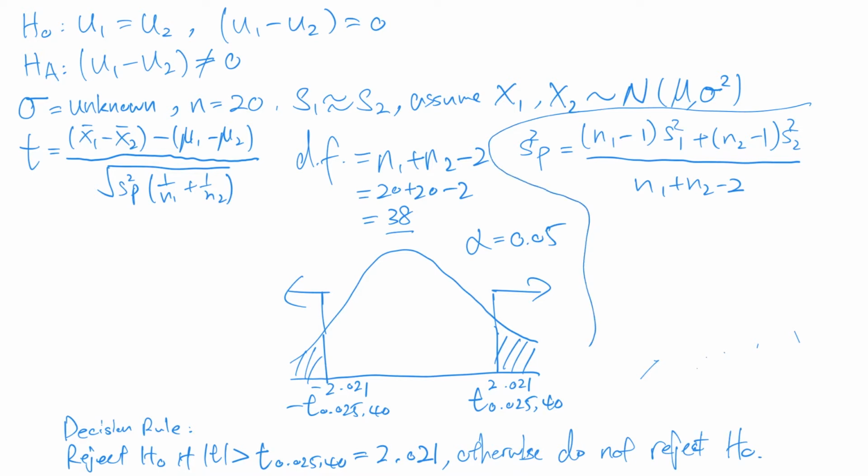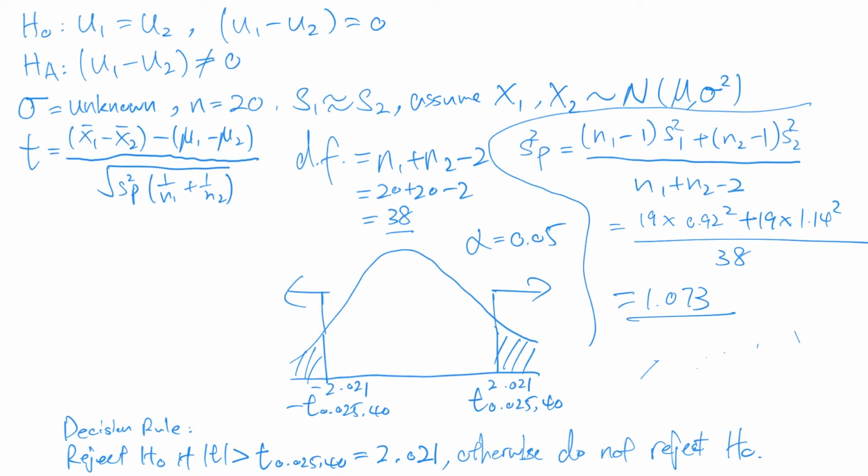So it's this part equals 19 times 0.92, plus 19 times 1.14 squared, over 38. And the total is 1.073. Trust me on this. You can also check my work if you like.